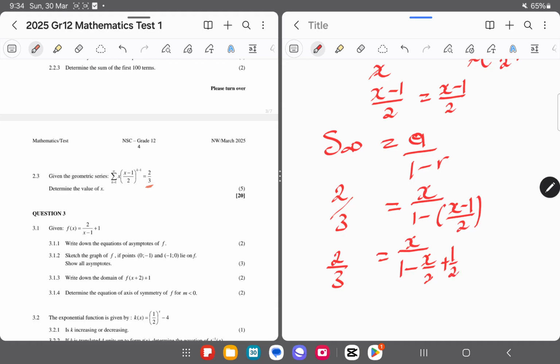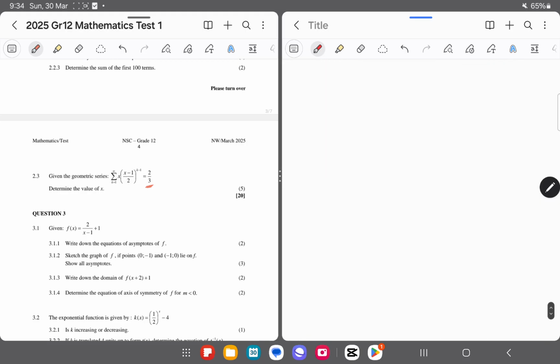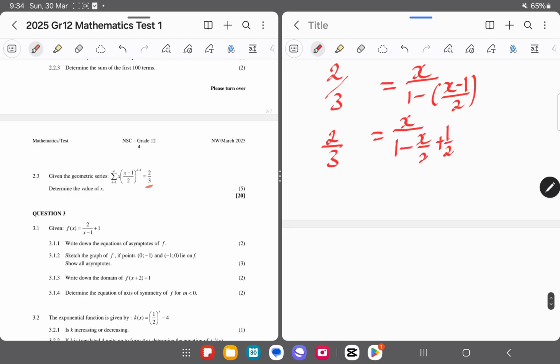Yes, it's fine. And then finally we will have 2 over 3 equal to x divided by 1 plus 1 over 2, which is 3 over 2, minus x over 2.